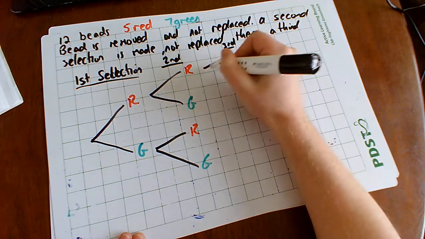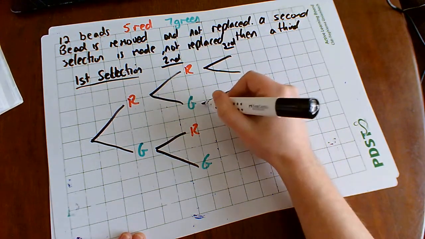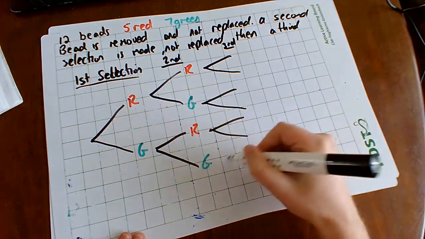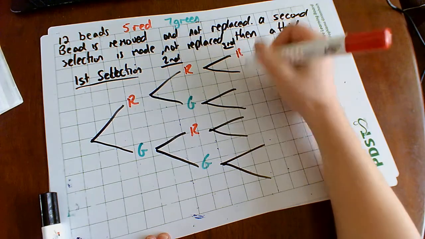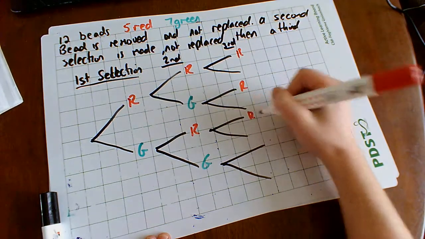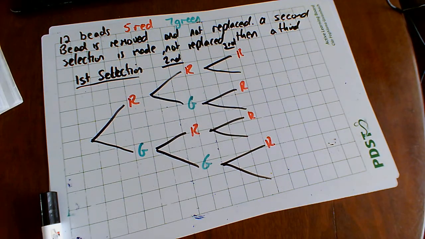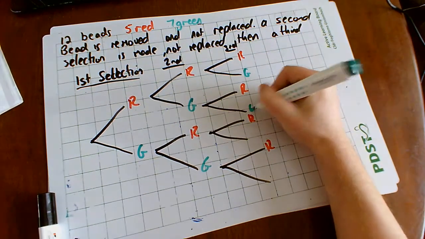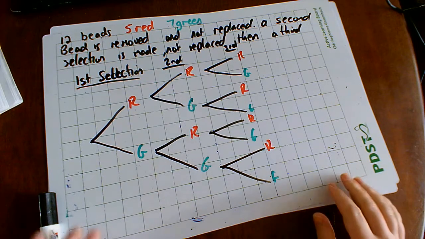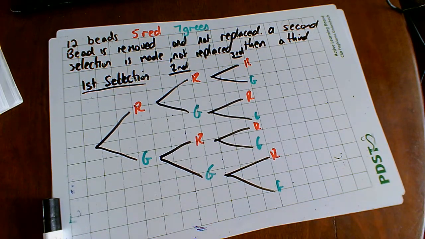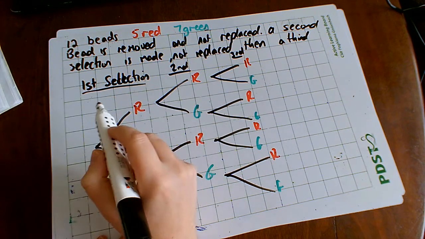We have, for each of them, 2 things, and we have obviously red, red, red, red, and green, green, green, and green. Okay, now I've drawn out first of all because I want us to now concentrate on the actual probabilities.